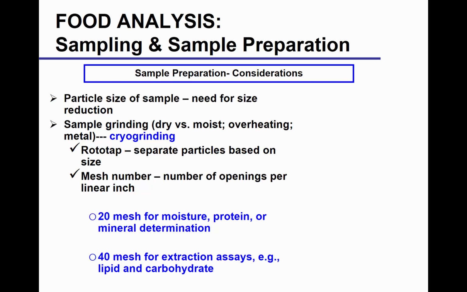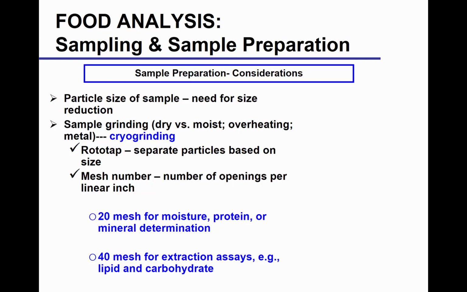particle size. So if your sample is dry and low fat, it's very easy to grind it. There won't be any problem. But if your sample has a high moisture content or is sticky like a nutrition bar or protein bar, or it has high fat like cheese. So in order to grind it, oftentimes we do what is called cryo-grinding.